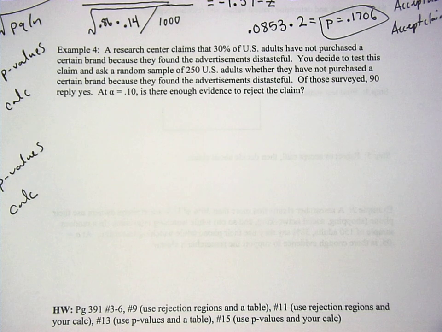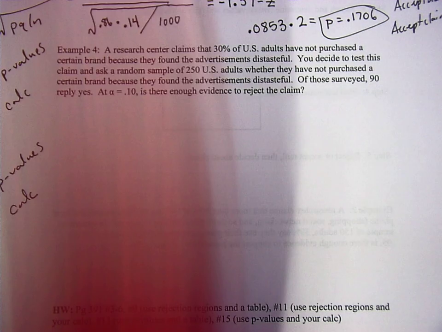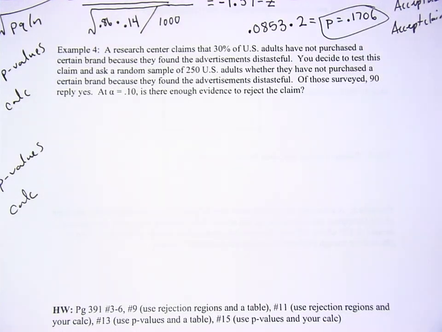Is distasteful advertising such a big deal? And you'll say, let me find out. And then you do your survey and you analyze the data and you come back and say, actually, this many people found this advertisement distasteful and that's why they didn't buy this brand. Even though I just did a sample, if I was to do a population, it would probably be somewhere between here and here, but I can conclusively prove you wrong. So yeah, you need to change your advertising now. And then they pay you over $100,000.